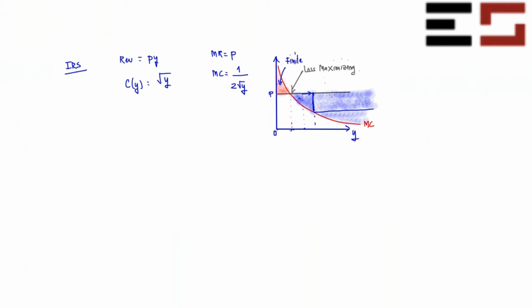This area is finite, and this is infinite. So basically you can make infinite profits. What that means is there is no finite solution to this problem. Is that okay? That is exactly what we saw in the total revenue, total cost approach. Remember?